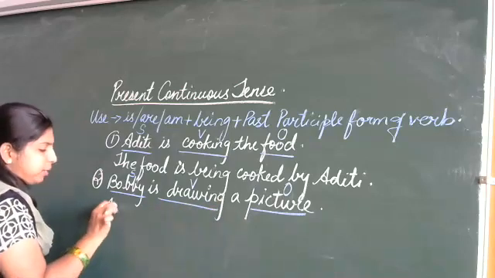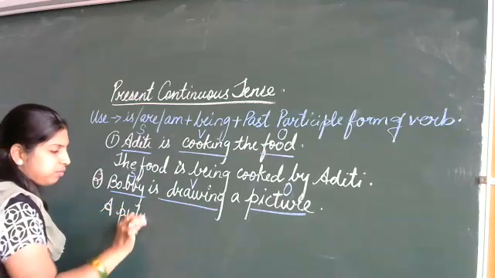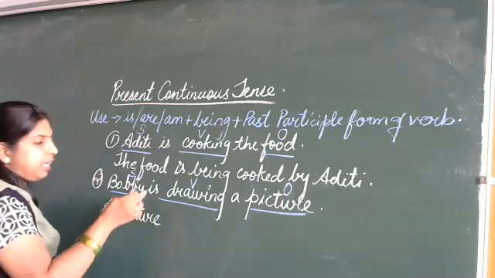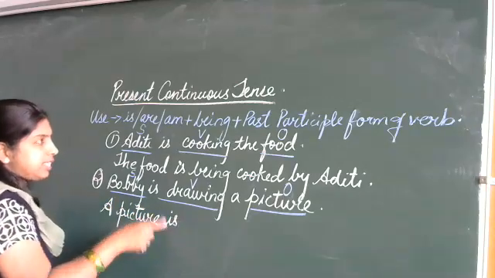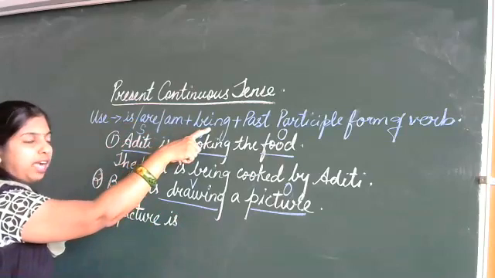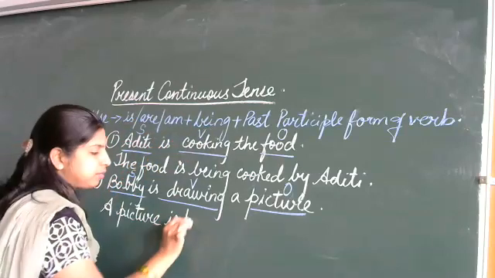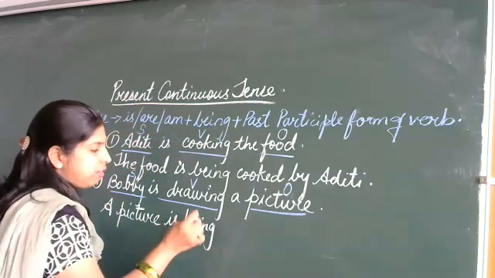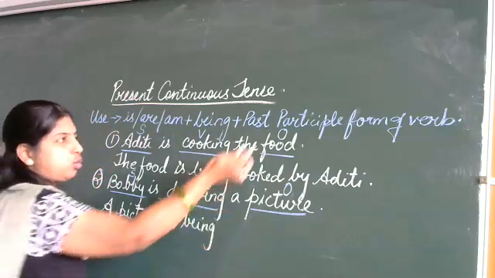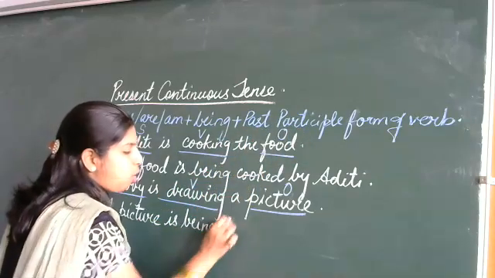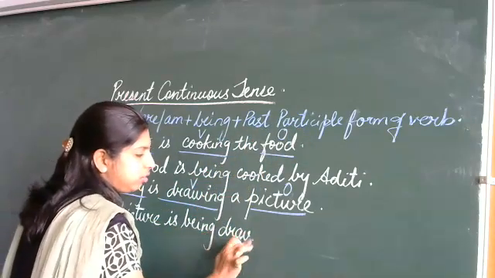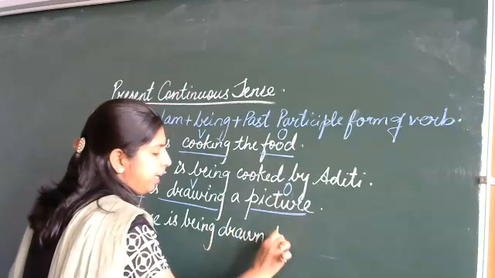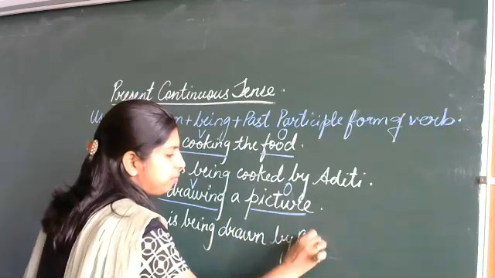A picture is being drawn by Bobby. Is, what do we have to add here? Being. Being drawn by Bobby. Very good. Drawing will change to the past participle, drawn, by Bobby.